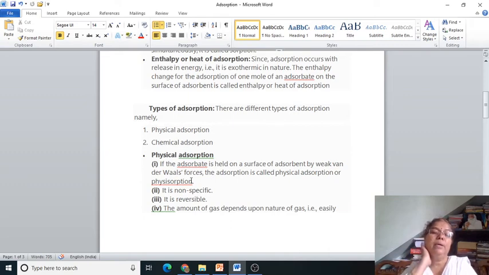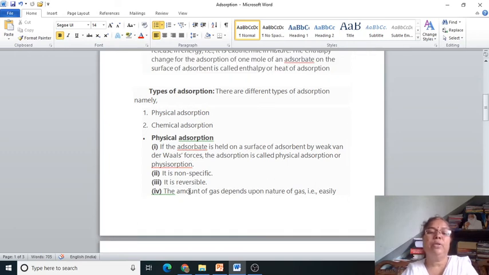Remember, physical adsorption is also called physisorption, and in this physisorption, the adsorbate is held on the surface of adsorbent by weak van der Waals forces.